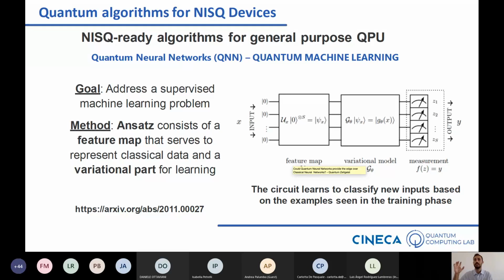The starting point is always to use the fact that with n qubits you have a space of dimension 2 to the n, so you increase the dimensionality.